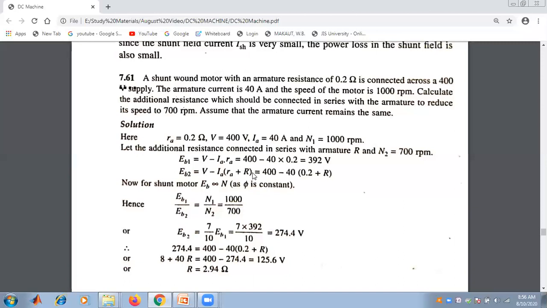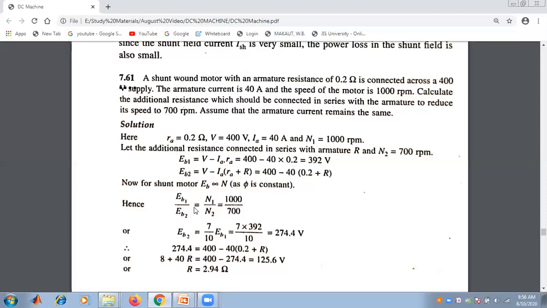Before the additional resistance is connected, the value of EB1 is V minus IA RA, that is 400 minus 40 into 0.2, which is 392 volt. EB2 equals V minus IA into (RA plus R), that is 400 minus 40 into (0.2 plus R). For the shunt motor, phi is constant, so EB is directly proportional to the speed.